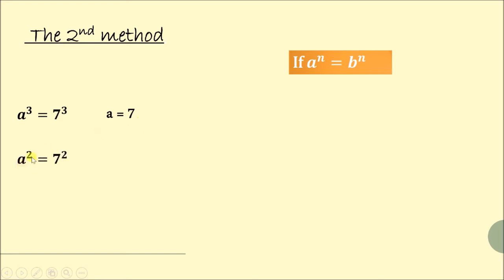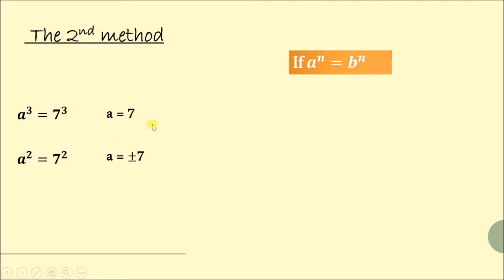And here, a to the power 2 equals 7 to the power 2. The same, I can say that a equals positive or negative 7. How? Because there is a difference between this one and this one. I have here the power is an odd number, and here an even number. Does it make a difference?